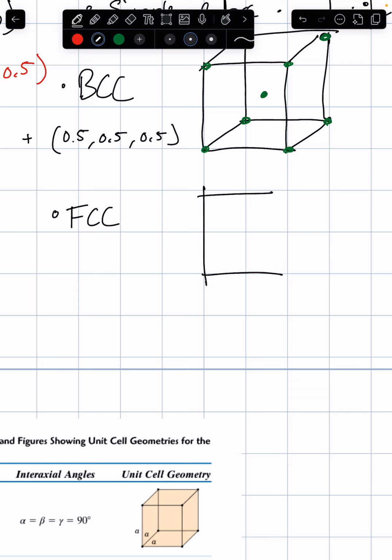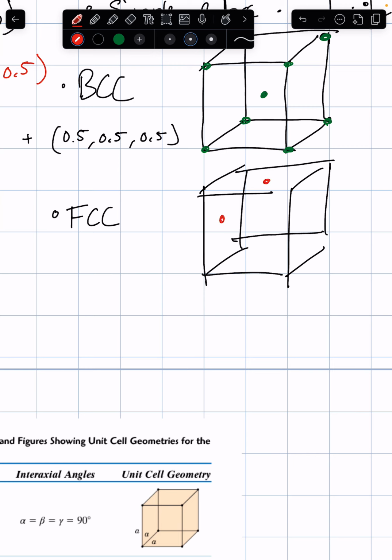Sorry, I'm drawing right now. There you go. So if we did it in red, you would have atoms at the center of each face.